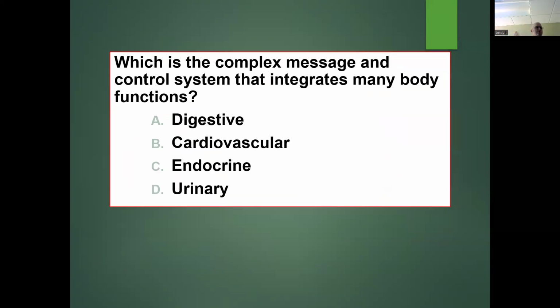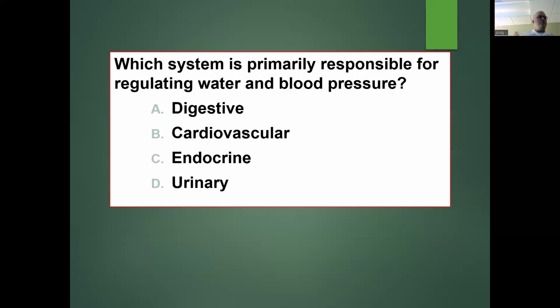Which is the complex message control system that integrates many body functions? Endocrine, very important system. All right, what is primarily responsible to regulate water and blood pressure? Water and blood pressure.